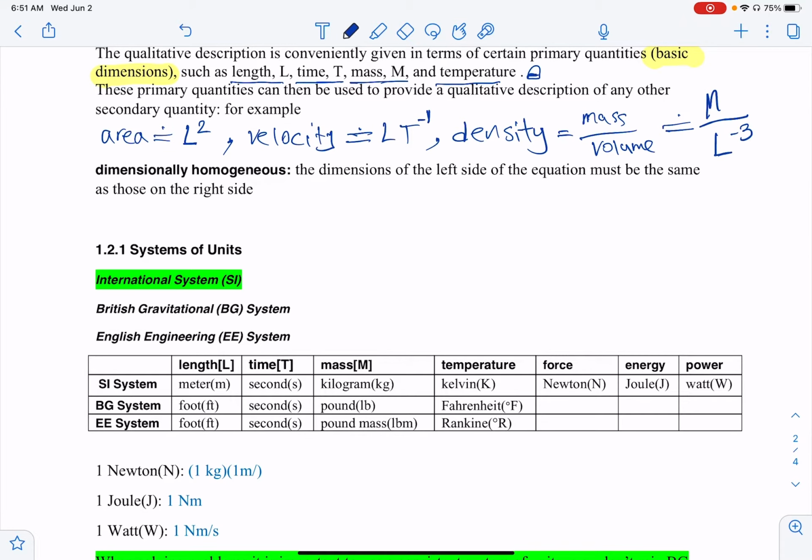So then we have another thing in the units that we call dimensionally homogeneous.